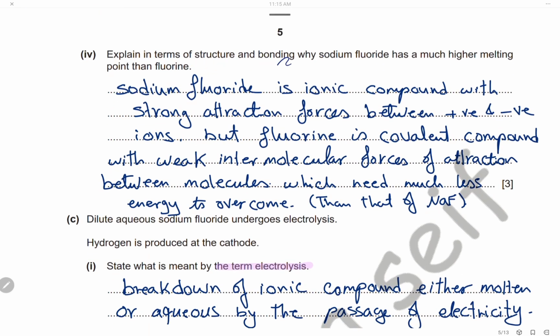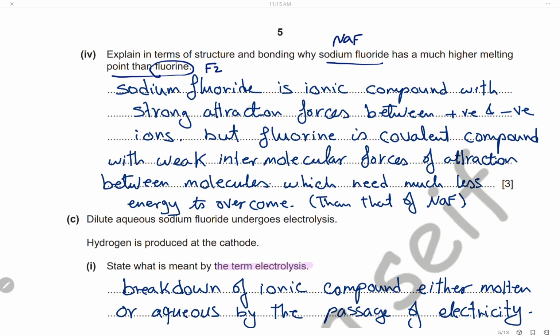In terms of structure and bonding, why does sodium fluoride have a much higher melting point than fluorine? Sodium fluoride is an ionic compound and fluorine is a covalent compound. So we have to explain the difference in melting point according to the structure and bonding.